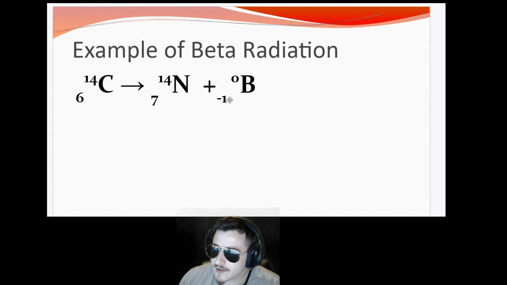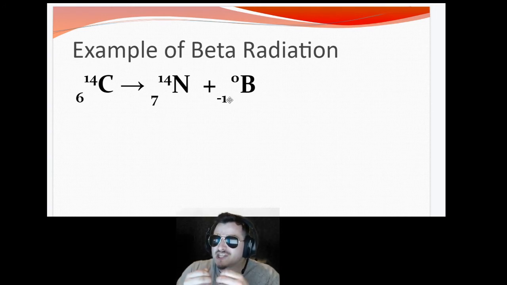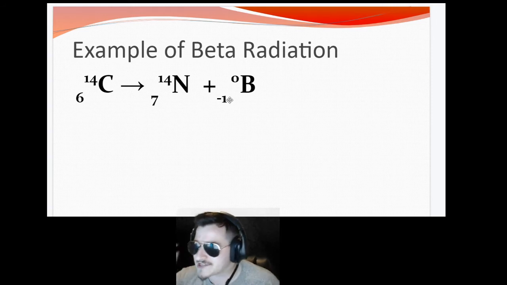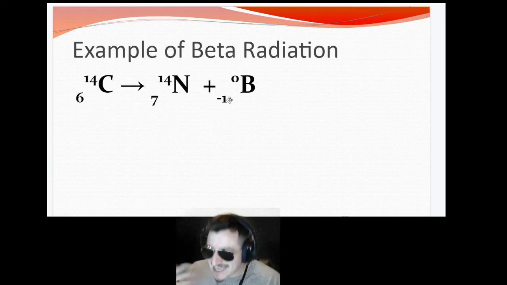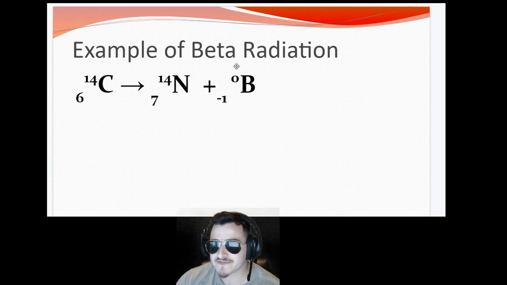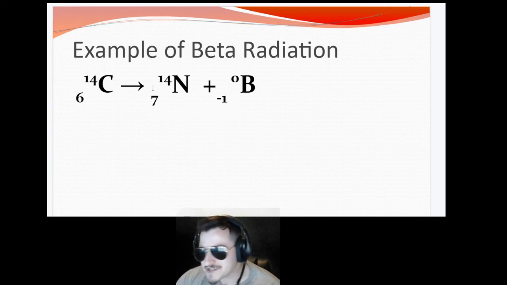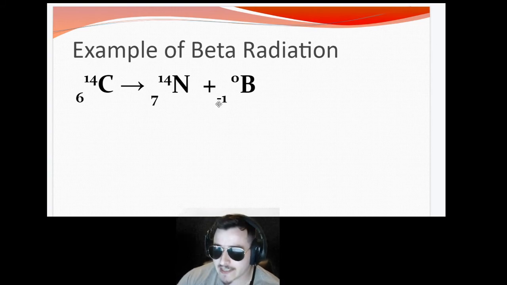However, the positive component of this neutron is stuck behind, which means the atomic number actually increases by 1, which is a very, very weird concept. But here's the easiest way of doing this. If you know what a beta particle is, if you know that it has a mass of 0 and a charge of -1, well, then we can just fill in the blanks over here. And once I get this number 7 situated, then I can fill in what this element actually is. So let's solve another on the board now with beta decay.